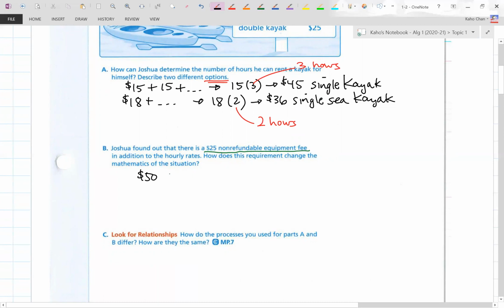We now have a non-refundable $25 fee. That will leave us with only $25 when you subtract the 25. Whoops. First mistake, ha ha ha. Which means $25 is barely enough to cover only 1 hour of each single kayak and single sea kayak.